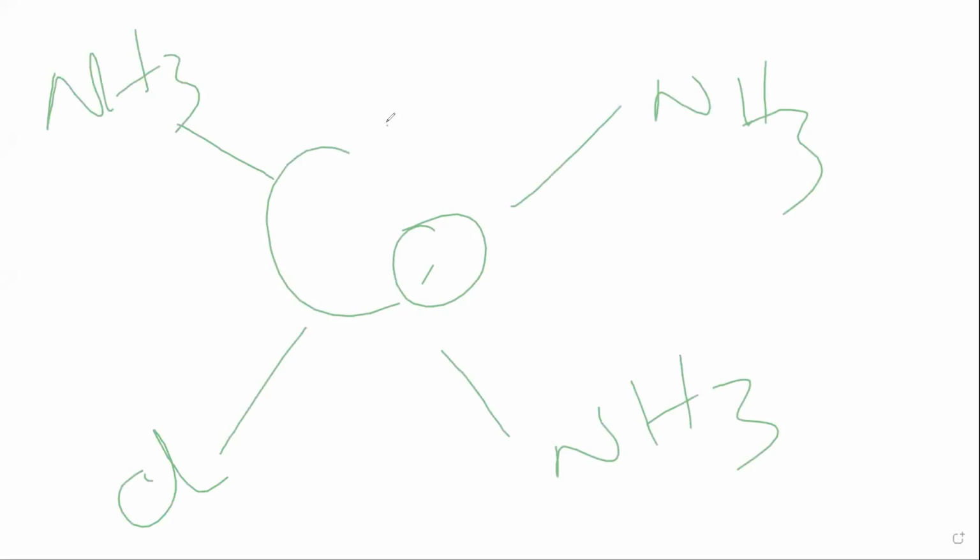So now we already know that this is a coordination compound. And of course, these are neutral ligands. For us to know the coordination number, we know that the coordination number for this particular complex is 4, because we have 4 ligands.